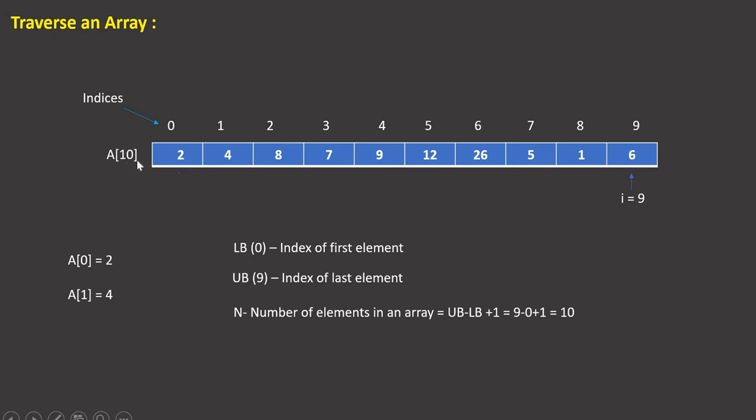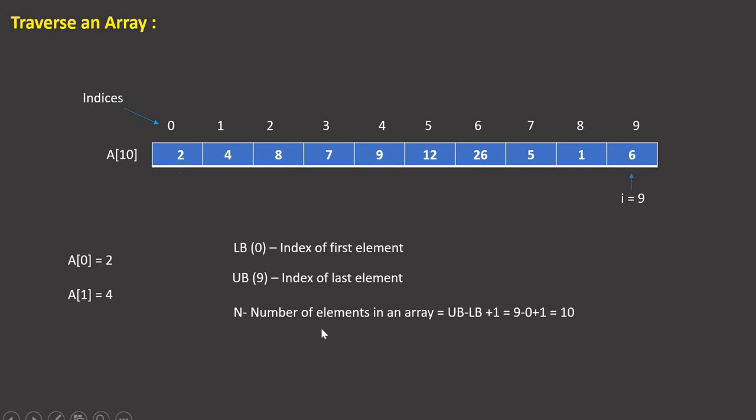So if you see, the size is actually the 10. So by using the lower bound and upper bound, I'm actually guessing the actual size of the array, right? In case if you have been given these two values, you can simply get to know what is the size of the array, and this is what we want to traverse an array, right?